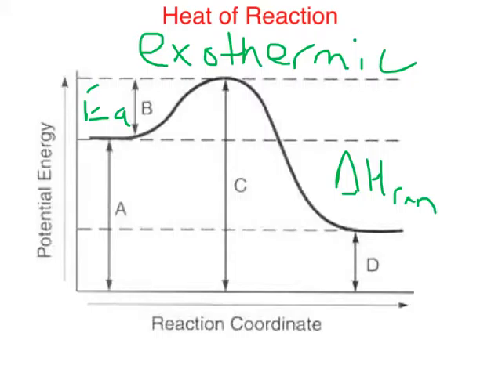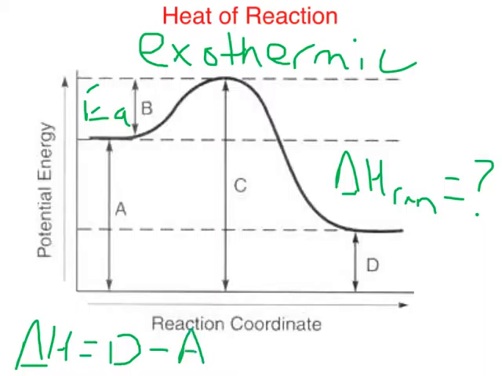Well, because we're looking at the amount of energy that the reactants have versus the amount of energy that the products have, the delta H of this particular reaction is going to be equal to D minus A. Now, why is it equal to D minus A? Because remember, change in is always final minus initial. So D minus A. And guess what? That is going to give us a negative value.